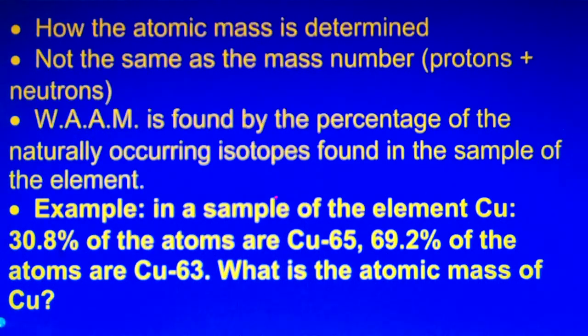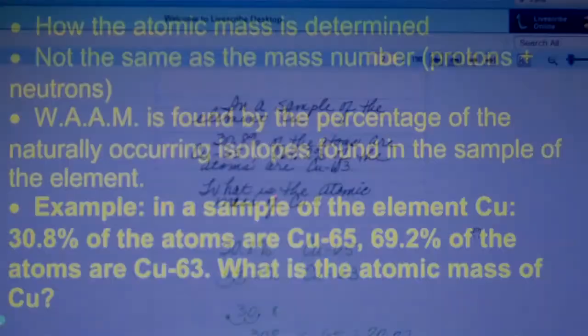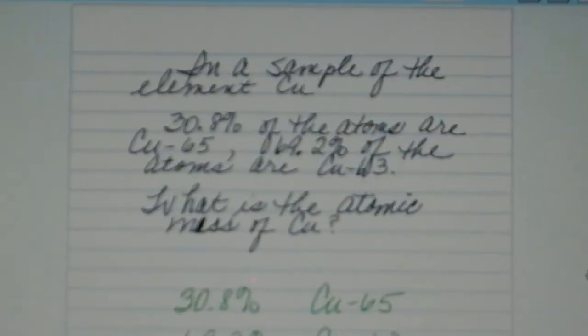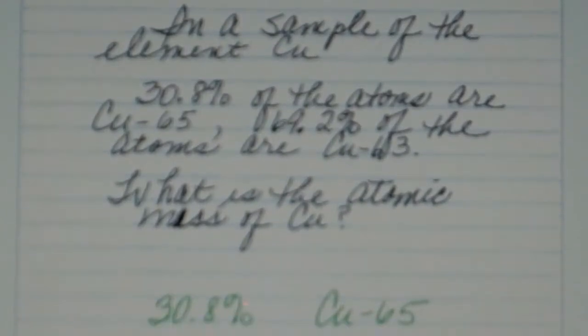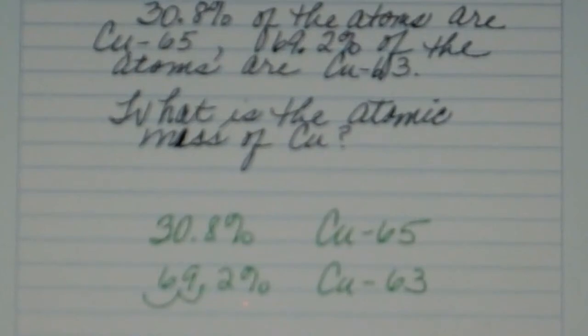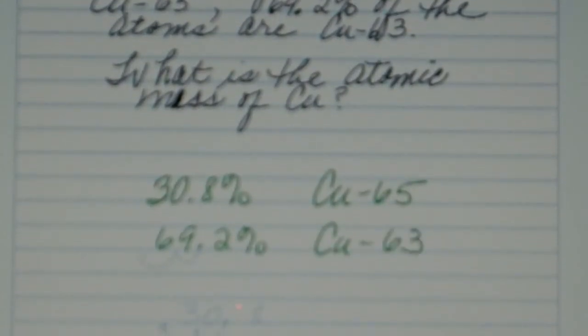What is the atomic mass of copper? Those atoms have a mass of 65, that's why we have dash 65. Then we have 69.2% of the atoms of copper are copper-63 with a mass of 63.